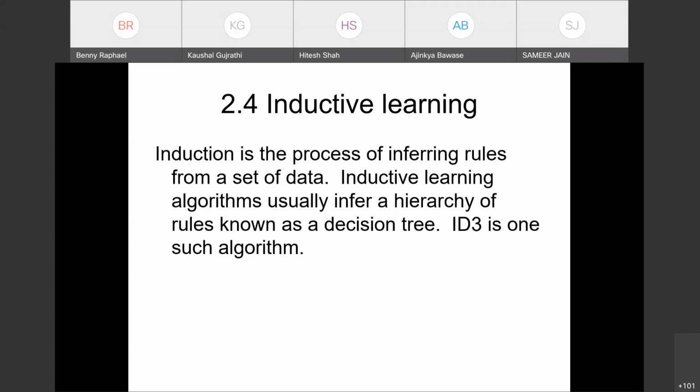From that you make a generalization that birds fly. You form a general rule which is applicable to all the birds in your data set. Later on, you might find a bird which doesn't fly, which is an exception to the rule. But using the data which you have, you might be able to find a rule which is applicable to most of the data points. So that is induction, forming a set of rules from data.